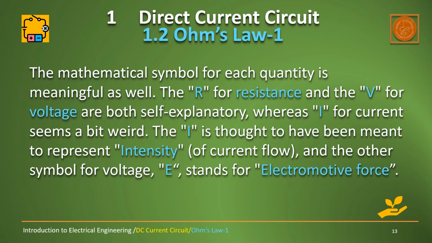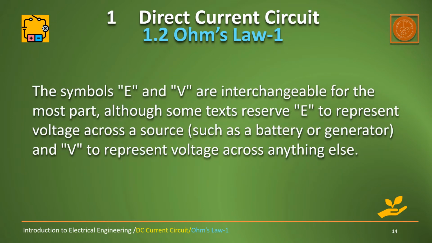The I is thought to have been meant to represent intensity of current flow, and the other symbol for voltage, E, stands for electromotive force. The symbols E and V are interchangeable for the most part.